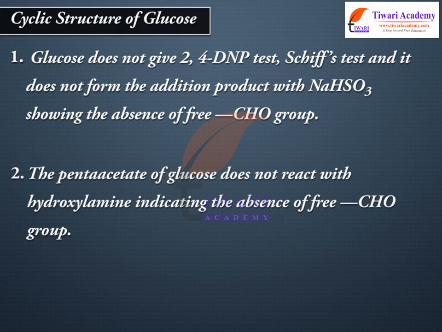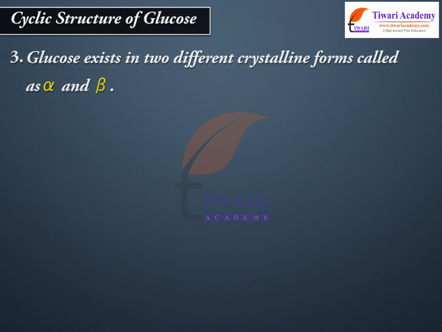2. The pentaacetate of glucose does not react with hydroxylamine, indicating the absence of a free CHO group. 3. Glucose exists in 2 different crystalline forms called alpha and beta.